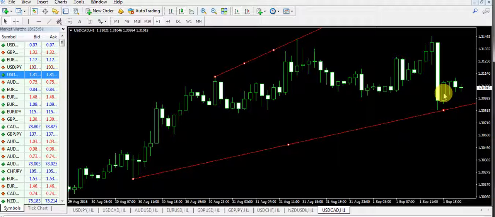For example, let's say the pair has a downfall here. New traders say it's already very low, now it's time to go into a bullish position. I do not say that a bullish position is wrong because it's touching the lowest boundary of the chart. It's not wrong, but you need some kind of confirmation.